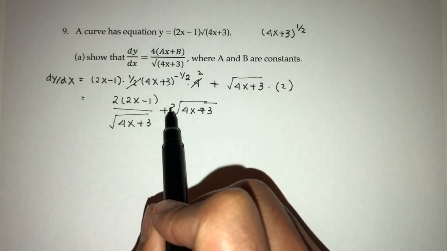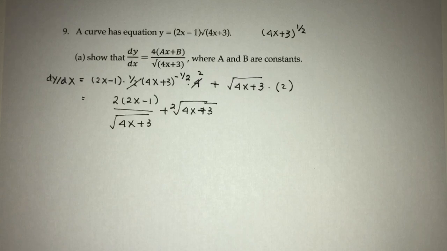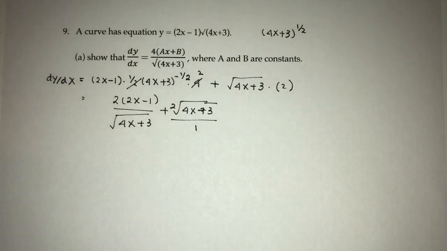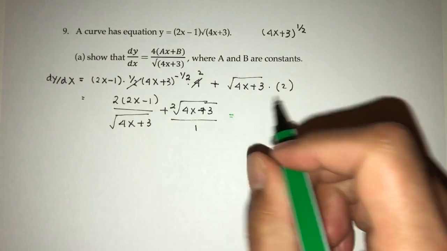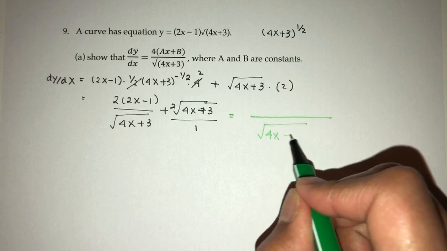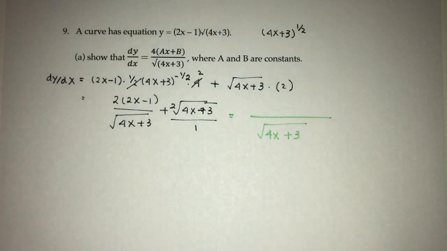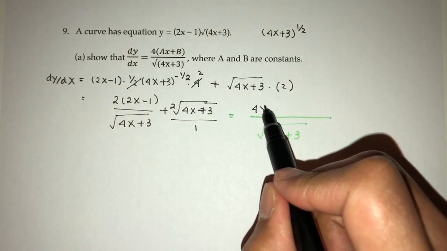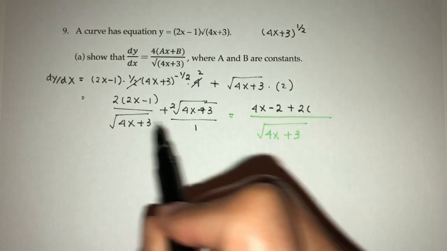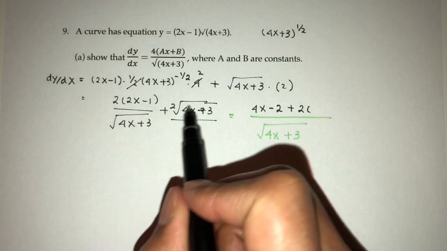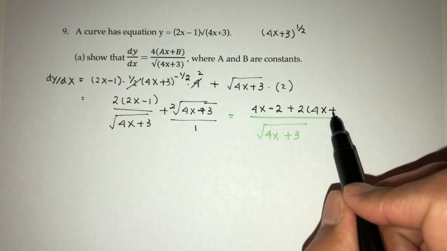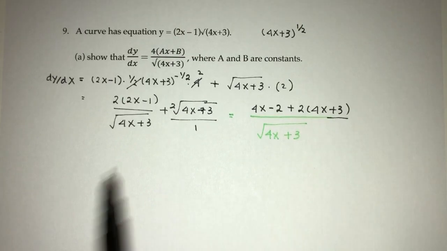This is 2. So now we can definitely make it become the same base, because we have different bases right now. So you will have the same base, expand, you will have 4x minus 2 plus 2 times. When you make this become the same base, you have to multiply these two together. So you will have 4x plus 3. You have to know this.